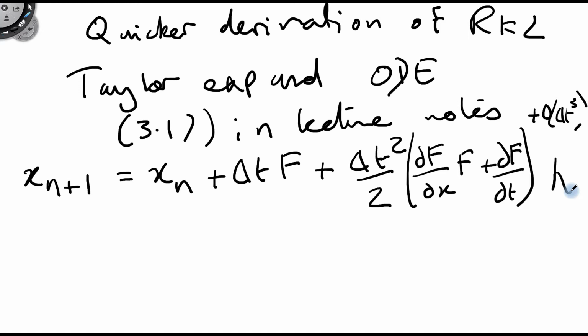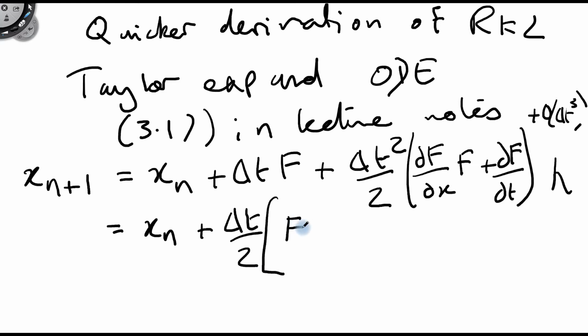But we just repartition this, so that equals x_n plus delta t on 2, and then we split the f into two bits. We have f, plus f plus delta t squared on 2 partial f by dx.